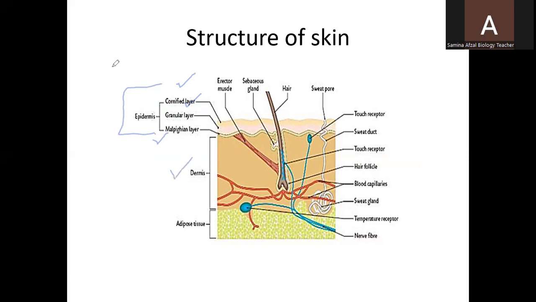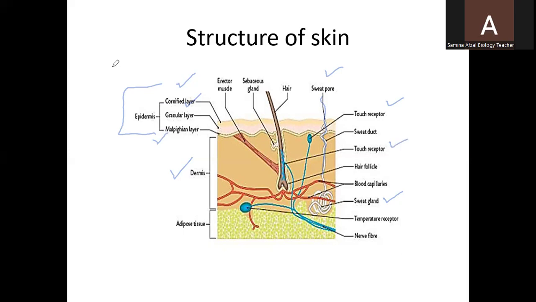The dermis has many sweat glands, which produce sweat, and the sweat goes through the sweat duct and out of the skin by the sweat pore. Touch receptors are also present, and erector muscles erect the hair.